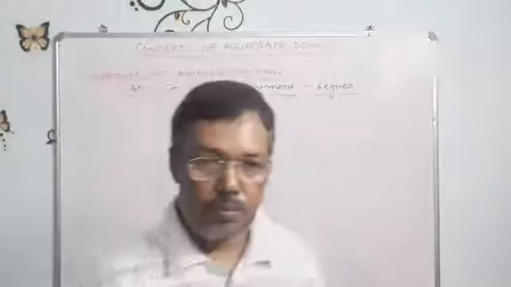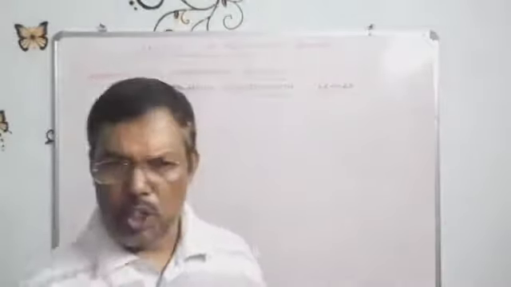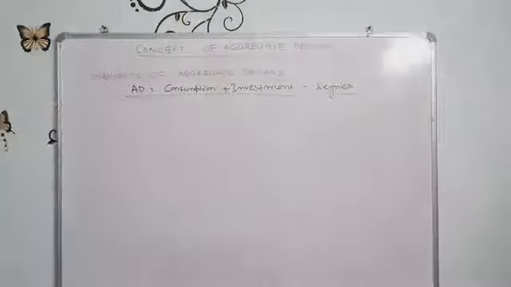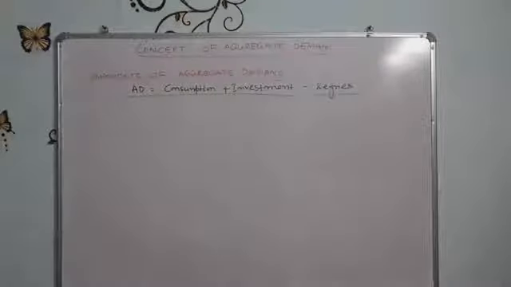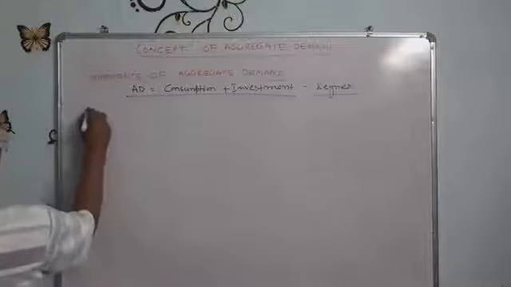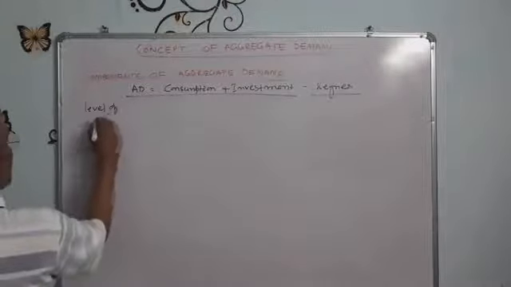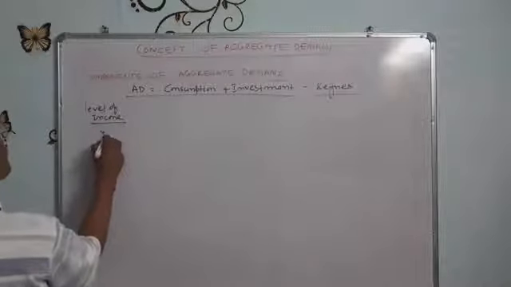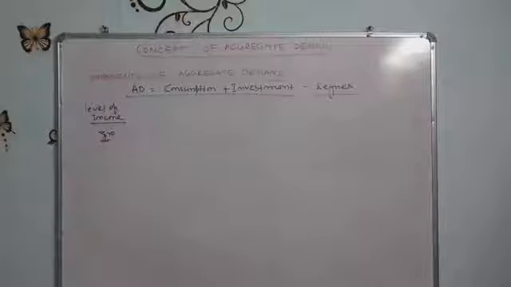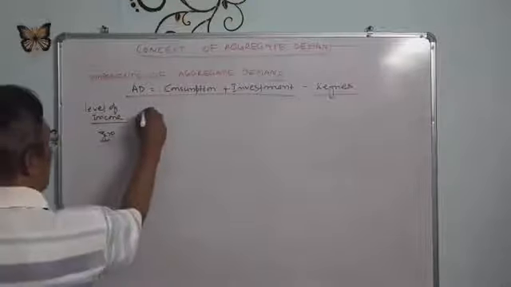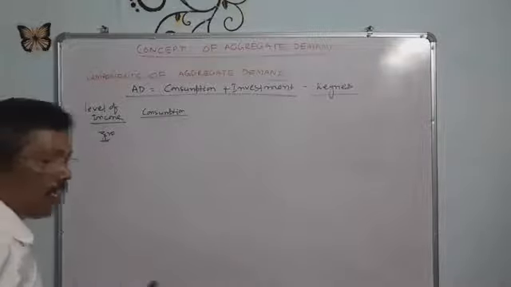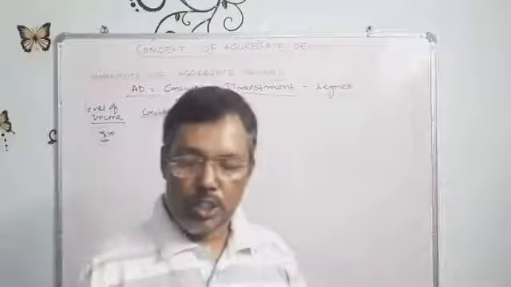Now think yourself, if your income is zero, then what will be your consumption and what will be the investment? If the country's level of income is zero, what will be the consumption? Can consumption be zero?